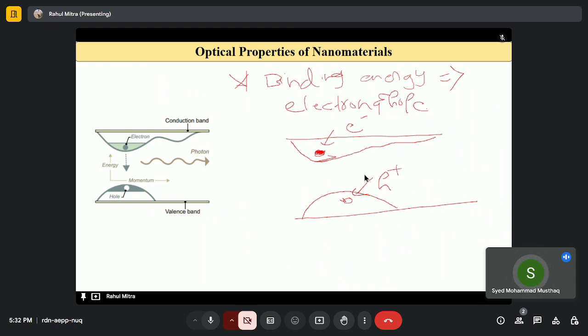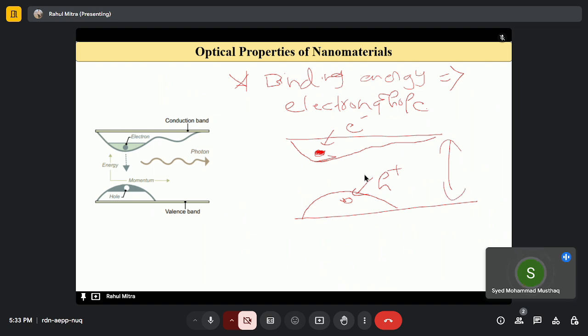But for the ideal case, the hole should lie below the highest valence energy level, and the electrons which go into the conduction band cannot lie in the forbidden energy gap.